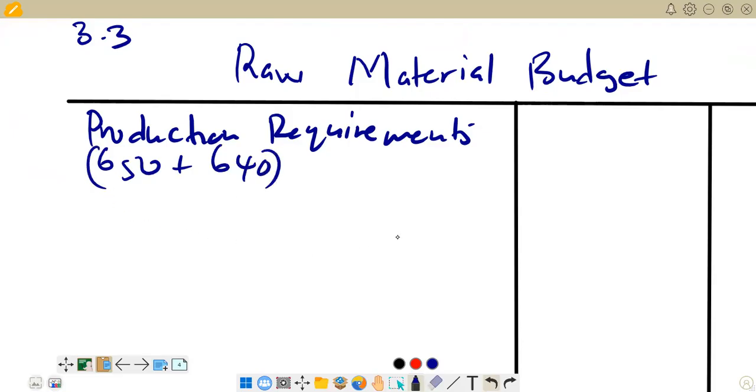So this is what we have. And then in that production budget, we can put the amount that we are having there, which is the total, 1,290. Then from there, we can now put the material needed per unit.